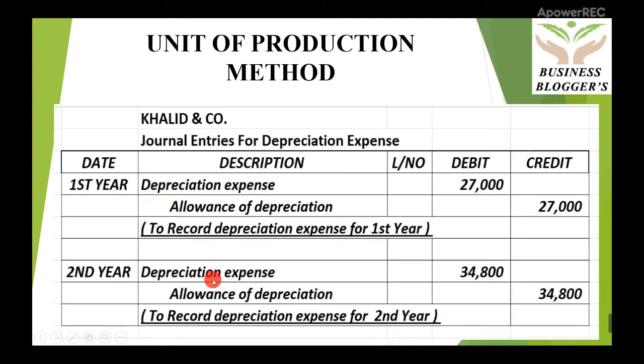And the second year depreciation transaction is depreciation expense debit and allowance for depreciation credit, amount is 34,800. The narration will be to record depreciation expense for the second year, and likewise in the first year, right? This is the simple journal entry.